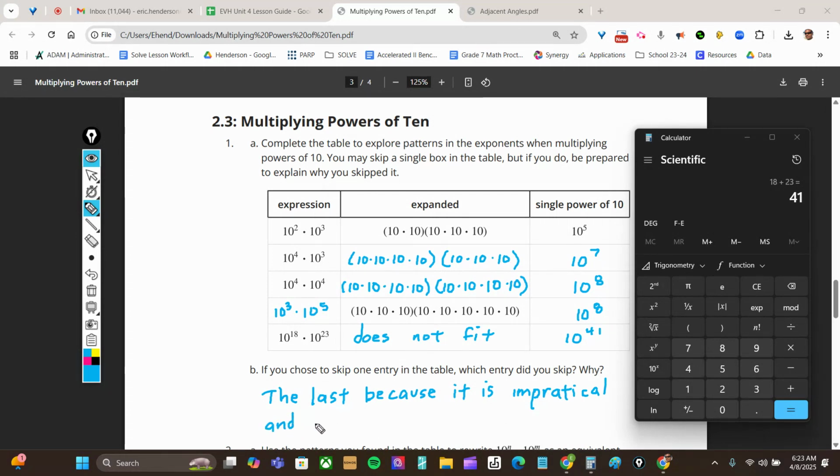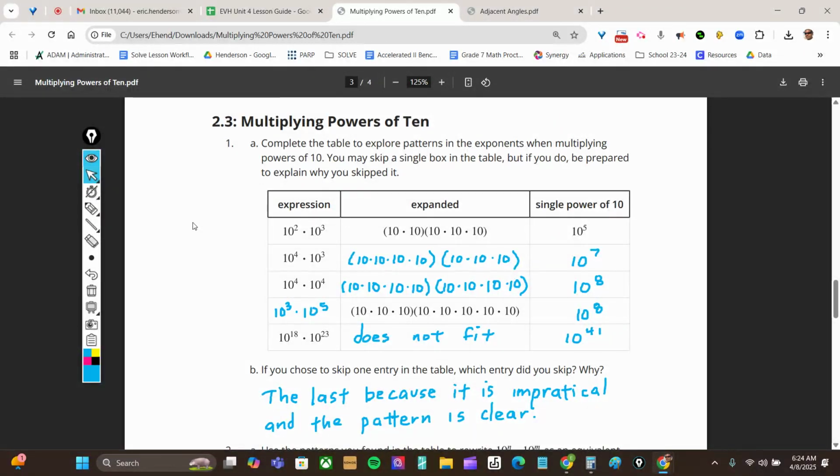And the pattern is clear. All right. Pause right there and move on to the next.